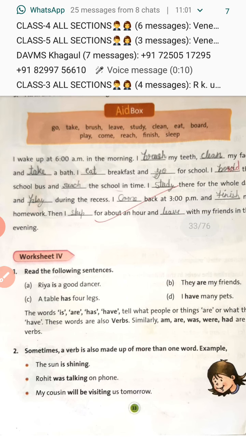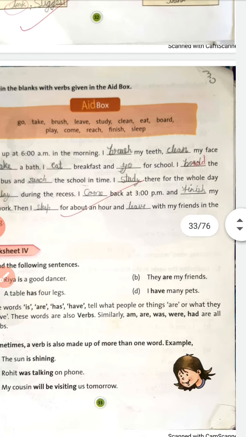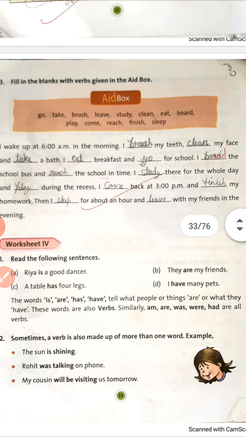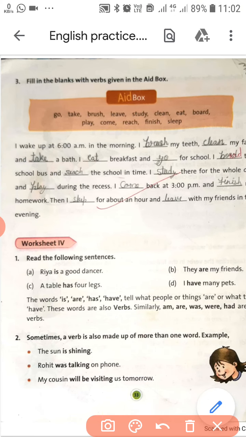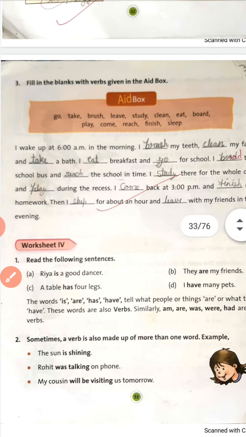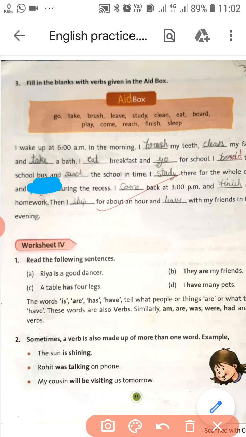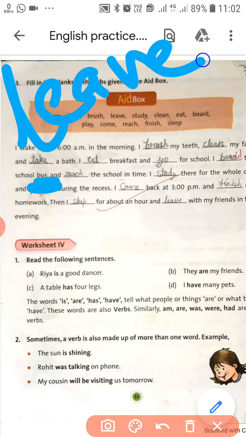I think there must be one mistake. We could replace it with: I leave during the recess. Here, in place of play, you could write leave, because leave will be more appropriate here. So instead of play, just write leave.